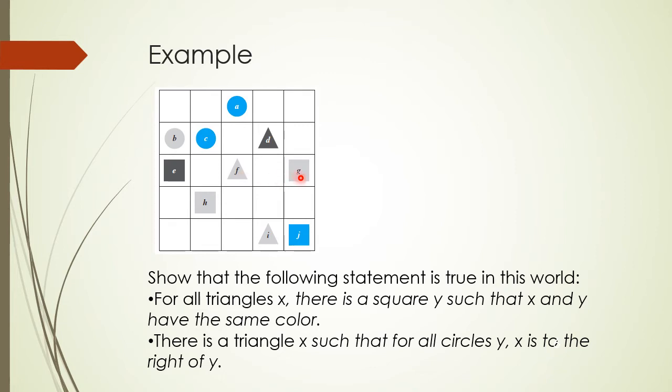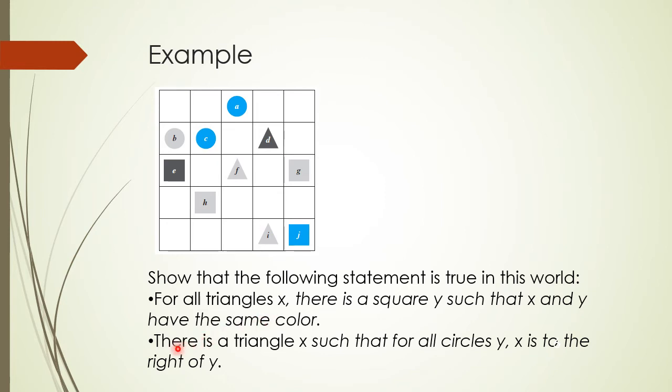Yes, square G has the same color as F. Now comes triangle I. Can you find a square with the same color as I? Yes, the same square G also has the same color as triangle I. So we have considered all the triangles and we can find a square with the same color. Therefore, the truth value for the multiple quantified statement is true.